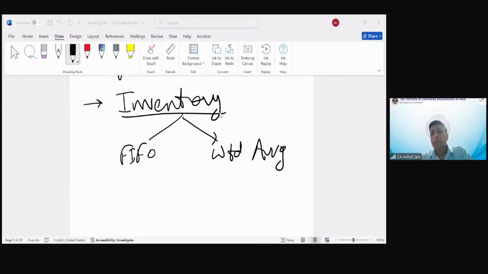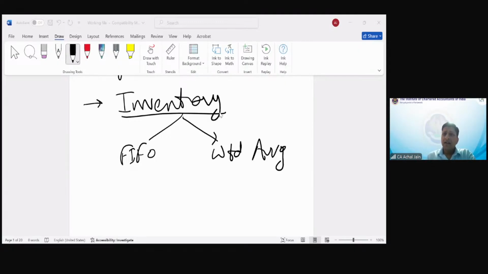But at times, changes may be required in the accounting policy. So now the question arises that if a company wants to change its accounting policy, when can the company change it?